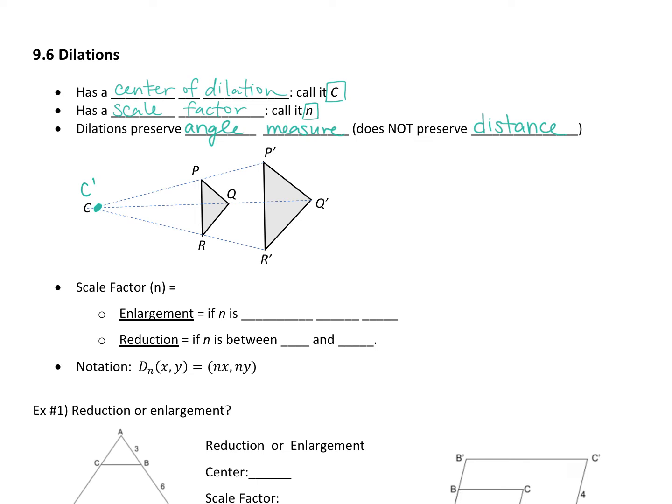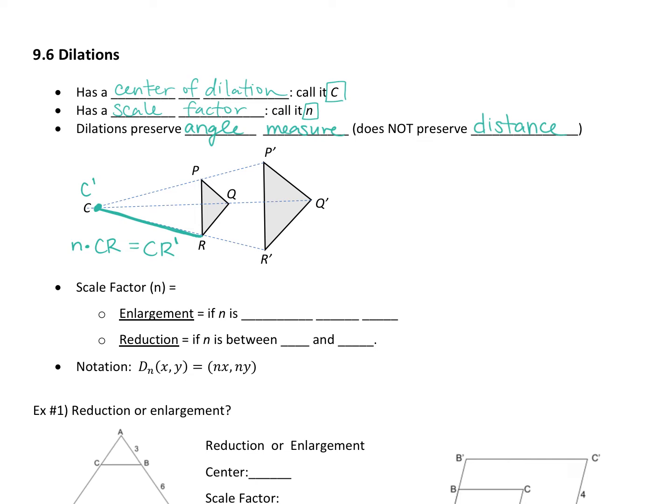And then what you're going to be working with is distances here. So this length right here, CR, the distance to your original figure, we would call that CR. If you multiply that by your scale factor, so N times CR, it's going to equal CR prime, okay?